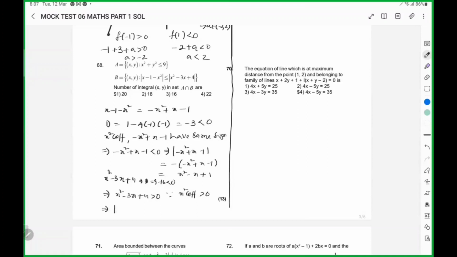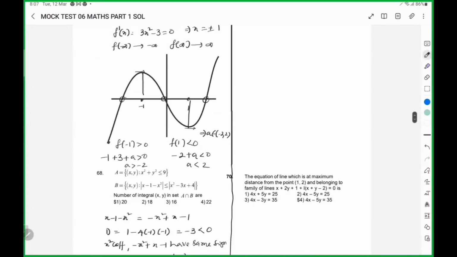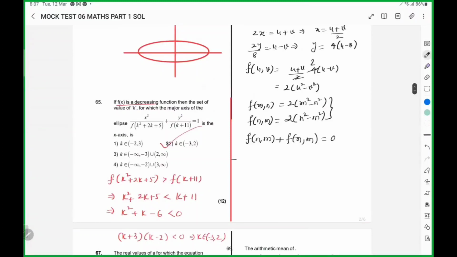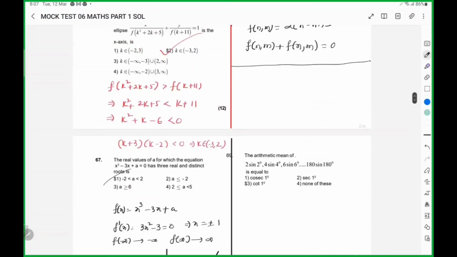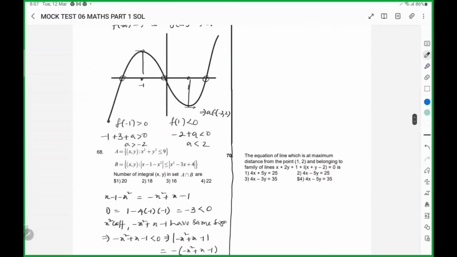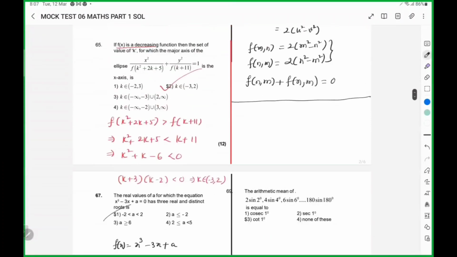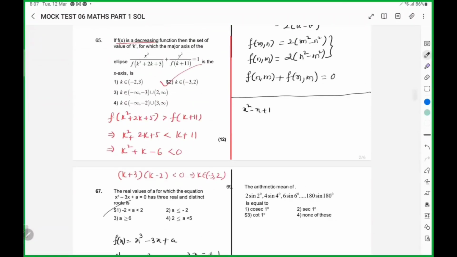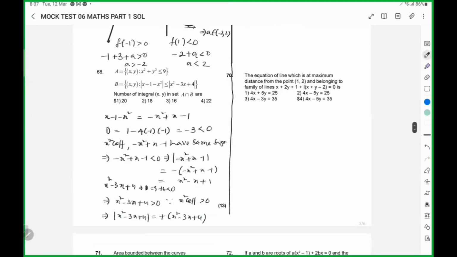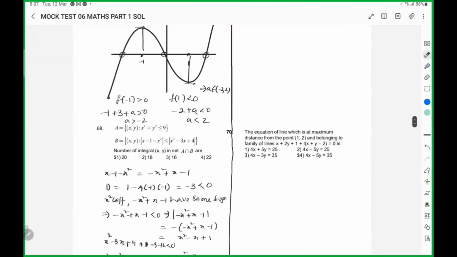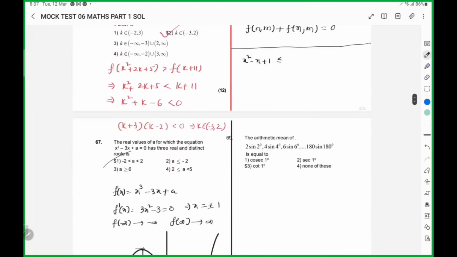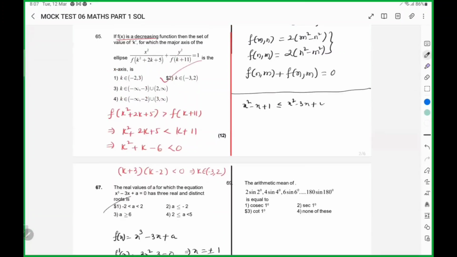So which implies here it is. So second inequality, once you solve it, x square minus x plus 1 is less than or equal to x square minus 3x plus 4.